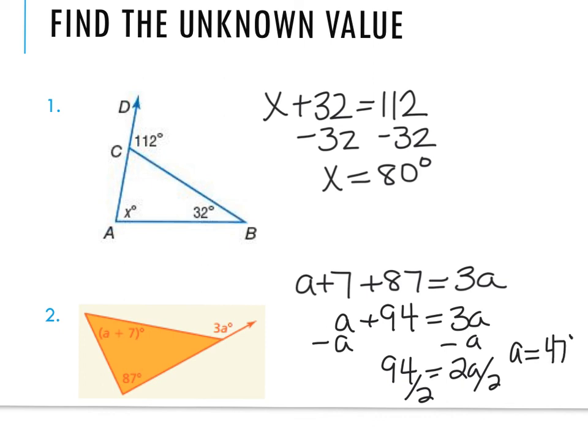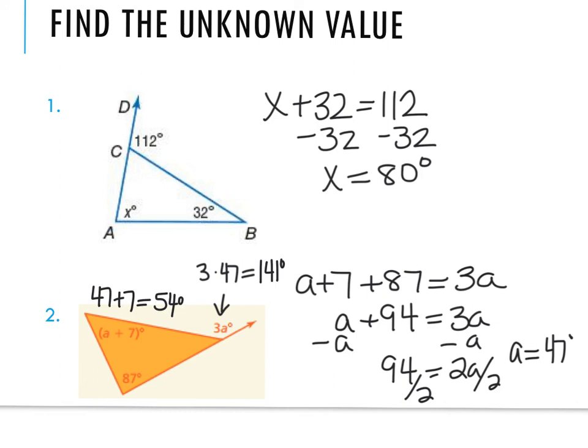47 degrees. Now again, if I needed to find out any of those angle measures, I would go in and plug it in. So here I would go 3 times 47, which is 141 degrees. And then I would also go 47 plus 7 for this one, which gives me 54 degrees.